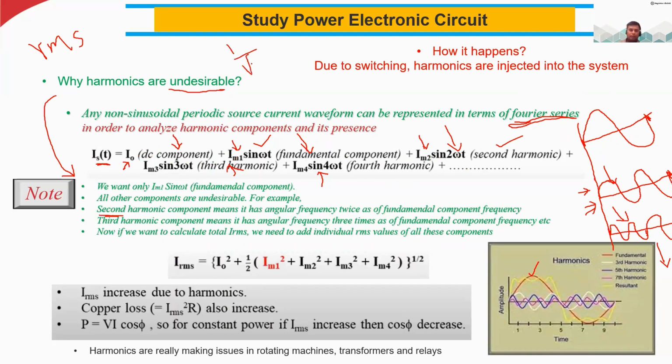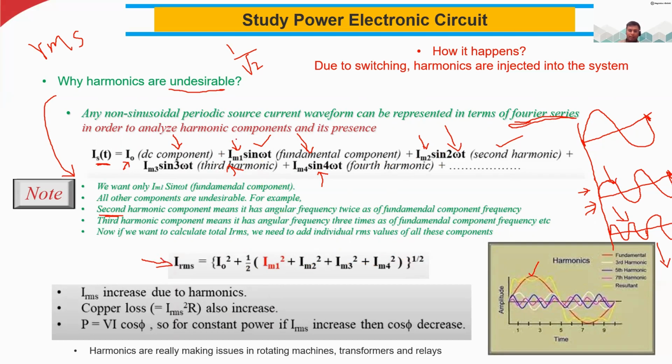So that is what I'm going to do. I0 square plus 1 by 2, because I am putting this 1 by 2 on top to represent the square, Im1 square plus Im2 square plus Im3 square plus Im4 square, and so on. This is the total current and its RMS value.